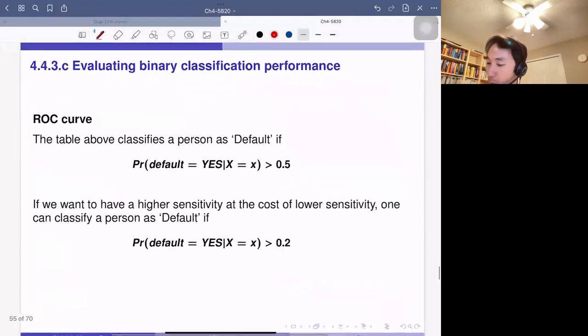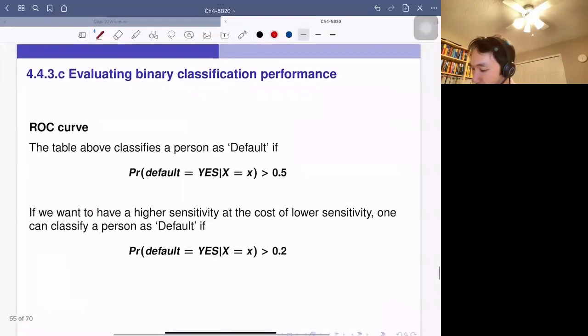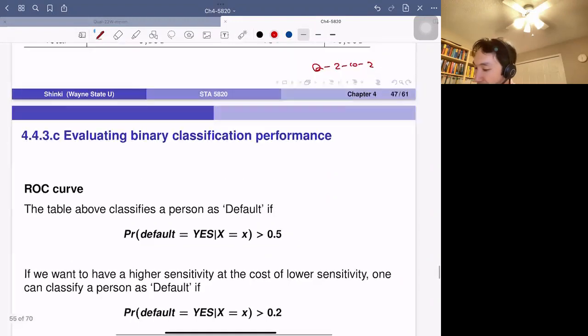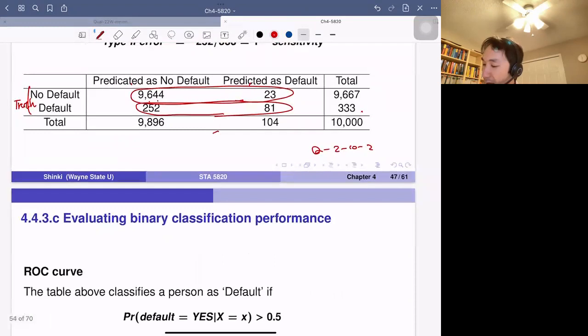And next, the more comprehensive measure for the fit of the model for a binary classification problem. So how we made this table, we haven't discussed it, but in logistic regression, usually if the predicted probability is more than 0.5, we diagnose it as positive, or in default in this case.